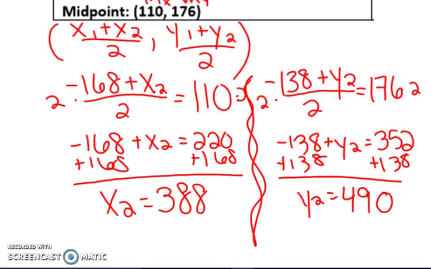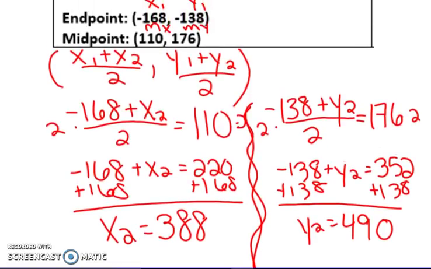Y2 is going to equal 490. Now, if we look at our coordinates, my second point would be (388, 490), and that's going to be my endpoint.